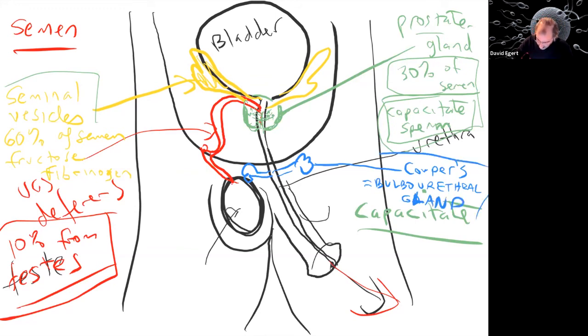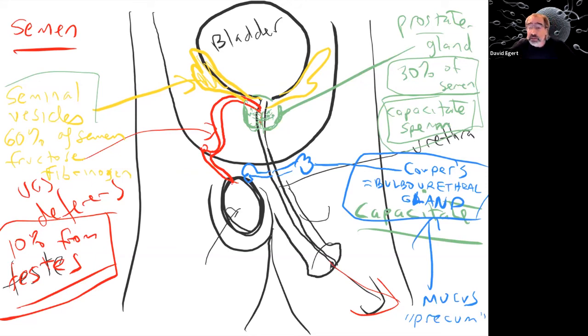This one here is not about the semen. This is basically kind of mucus. It's what people usually call precum. When a guy is being aroused, there's this little slippery clear drop that shows up at the tip of the penis, right?